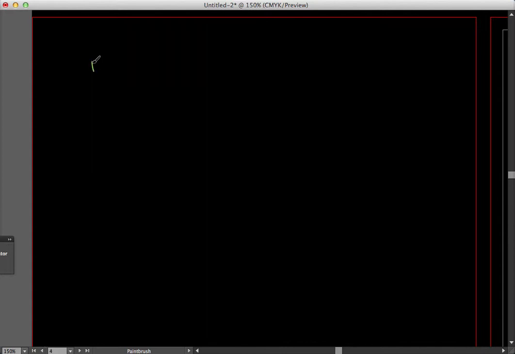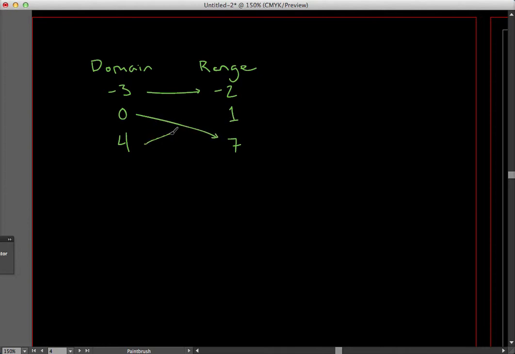If we were given a domain, let's say -3, 0, 4, and then we're given a range, -2, 1, and 7, and then we're told that -3 corresponds with -2, 0 corresponds with 7, and 4 corresponds with 1.